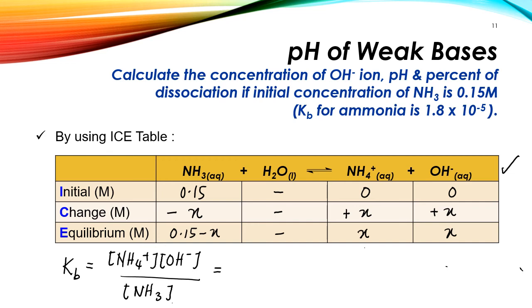So then substitute the values obtained from the ICE table. The ammonium ion at equilibrium is equal to X. The hydroxide ion at equilibrium is also X, while the ammonia at equilibrium is 0.15 minus X. The value of Kb is already given as 1.8 exponent negative 5.